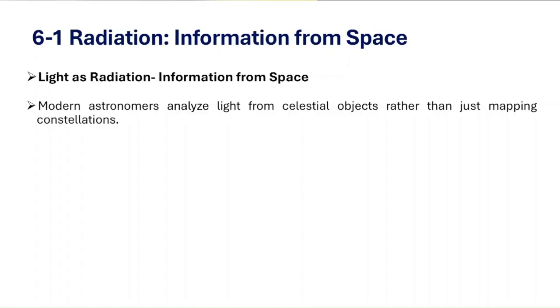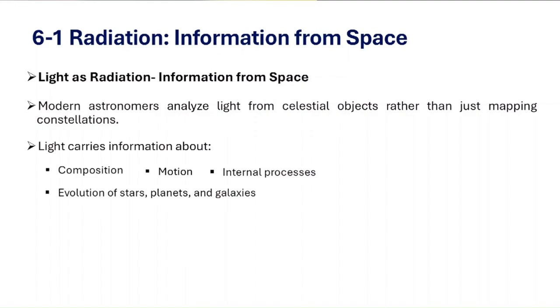So every photon that arrives at Earth is like a tiny package of data. The color, intensity, and energy of that light tells us about chemical elements in stars, how fast they are moving, and whether they are cooling or heating up. Now think of a rainbow.